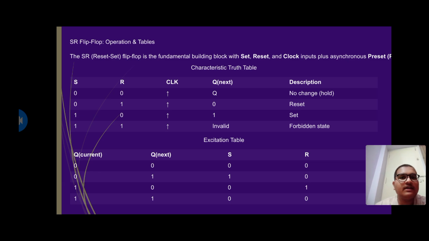If Q current is equal to 1 and Q next is equal to 0, then S is equal to 0 and R is equal to 1. If both Q current and Q next are equal to 1, then both S and R are going to be 0 and 0 respectively. Now, these are the excitation table and characteristic table of SR flip-flop.